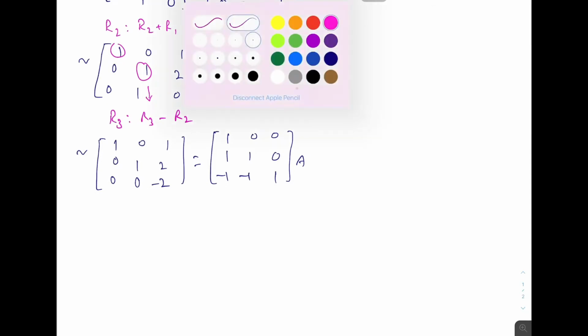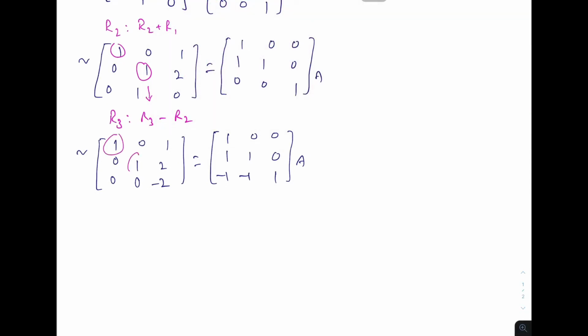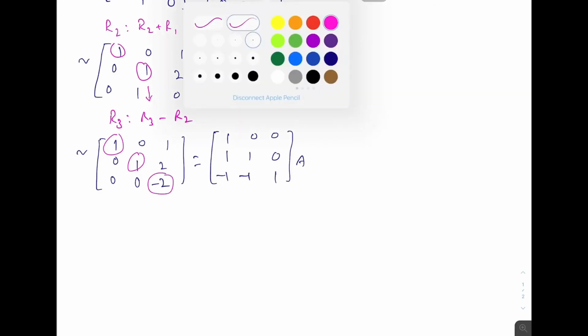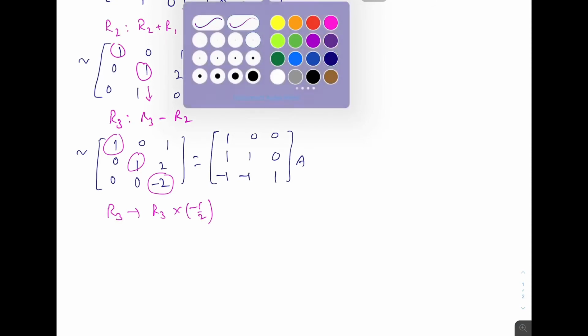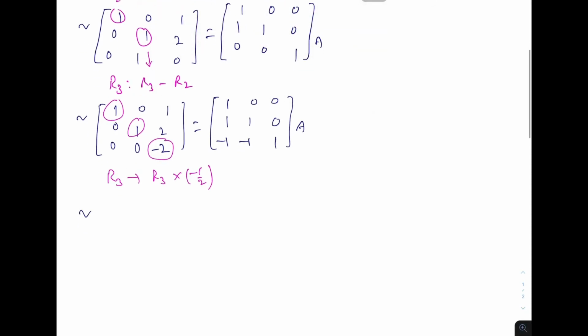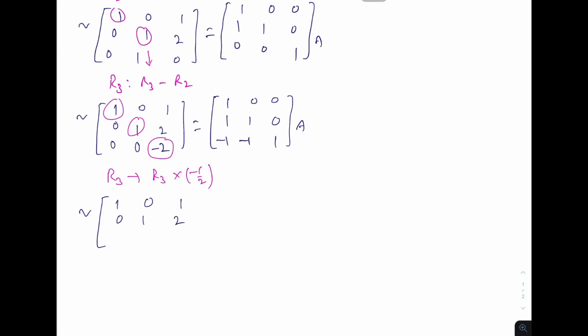Now here we are having 1 here, 1 here, we can make it 1 here, so that means R3 multiply with minus 1 by 2, and so this will be 1 0 1, 0 1 2, 0 0 1.